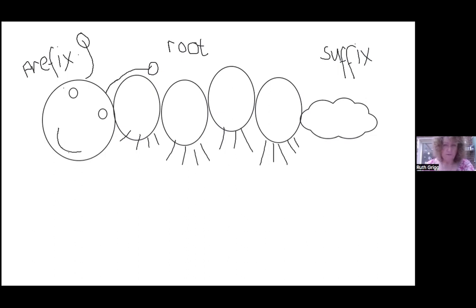This time, I'm going to do one that's a bit further down your sheet. Disappear. Oops, wrong one. Let me get my pencil back. Dis. So that's the prefix. Now, appear is the root word. So I'm going to write it in here.